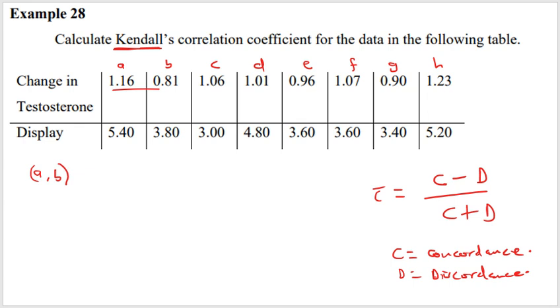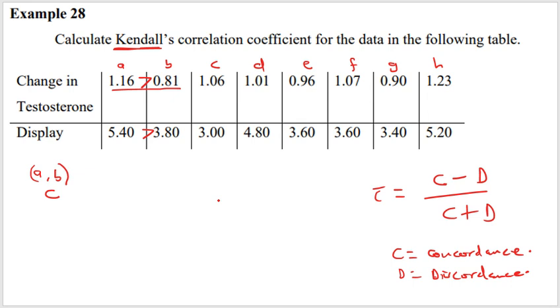You will realize that 1.16 is greater than 0.81. When you also look at the display, you realize that 5.40 is also greater than 3.40. Therefore, we see that there is a concordance between A and B.